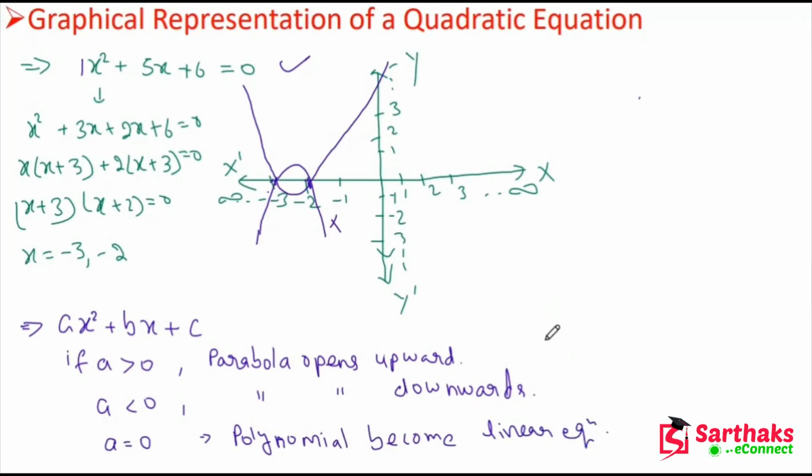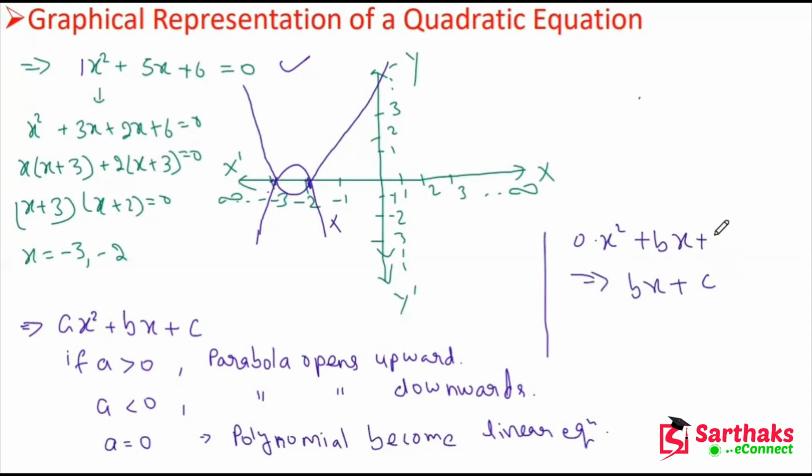How? Let's see. We have ax square plus bx plus c. If we put a equal to 0, then we get 0 times x square plus bx plus c. So we have bx plus c.